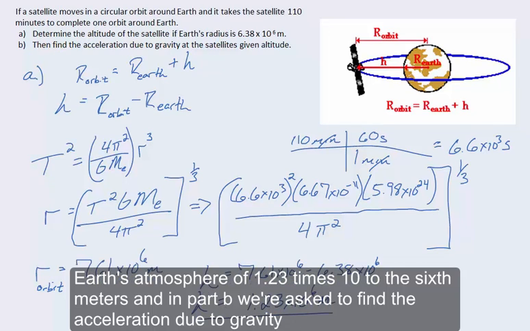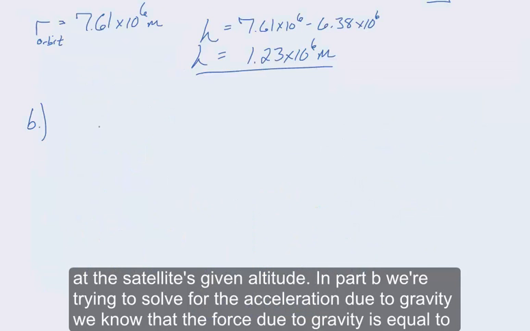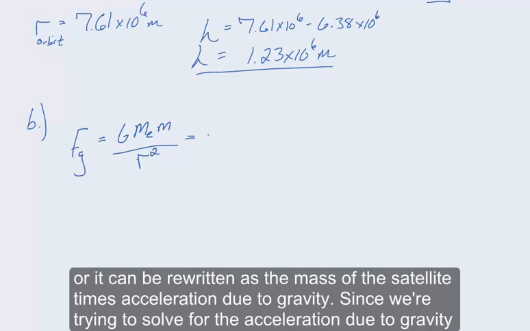And in part B, we're asked to find the acceleration due to gravity at the satellite's given altitude. In part B, we're trying to solve for the acceleration due to gravity. We know that the force due to gravity is equal to capital G times the mass of Earth times the mass of the satellite divided by the radius of our orbit squared, which is equal to the force of gravity, or it can be rewritten as the mass of the satellite times the acceleration due to gravity.